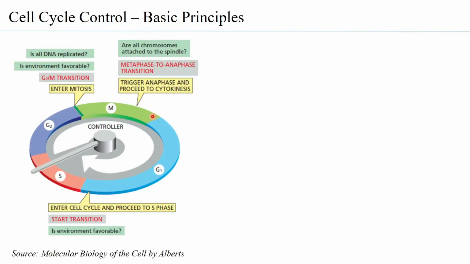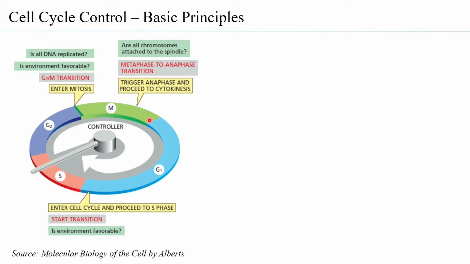As noted earlier, the cell cycle is divided into two major parts. One is the M phase. The M phase is where the nuclear division takes place and cytokinesis takes place. So mitosis takes place in the M phase, and of course the cytokinesis.